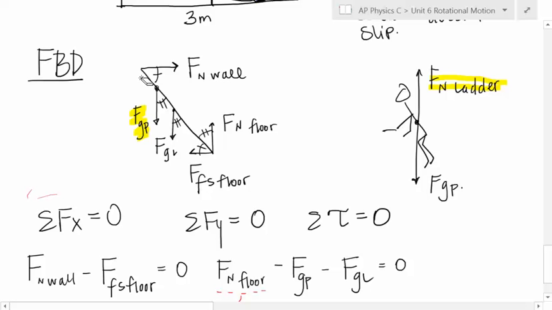Okay? If you put the pivot point in the center of the ladder, then the normal force from the wall has a distance, but also the gravitational force on the person has a distance, and the static friction of the floor has a distance, and the normal force on the floor has a distance. So there's like 4 torques you would have to sum up with angles.